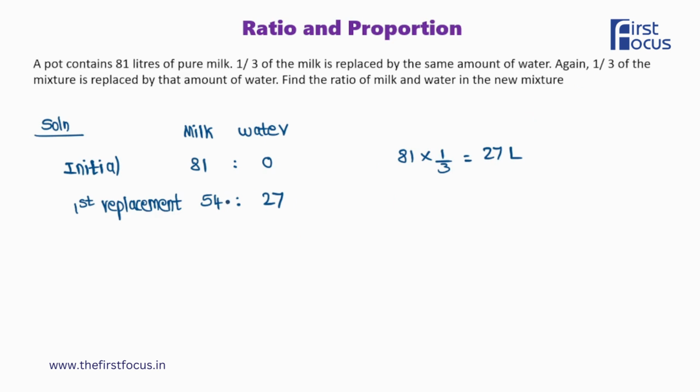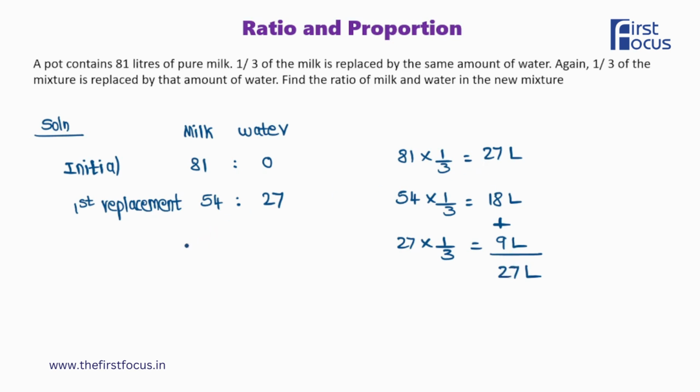Then 1 by 3 of the mixture is replaced by water. So we have to get 1 by 3 part of both milk and water. So 54 into 1 by 3 is 18 liter plus 27 into 1 by 3, that is 9 liter. So 1 by 3 part here is totally 27 liter.